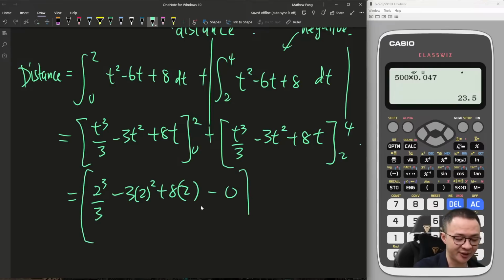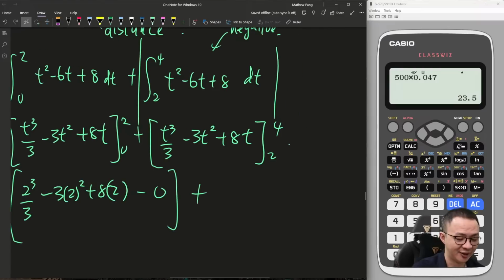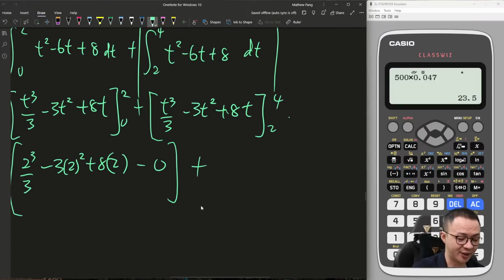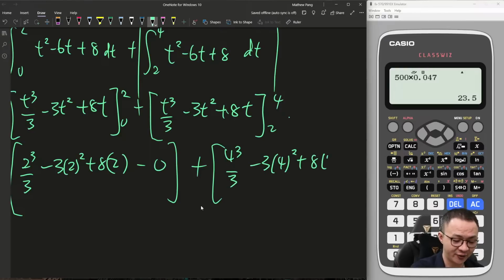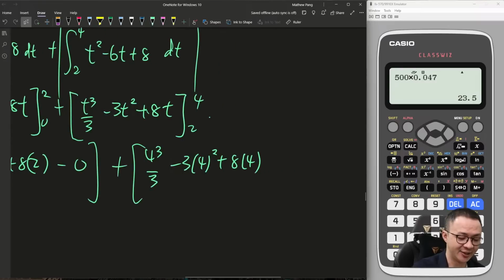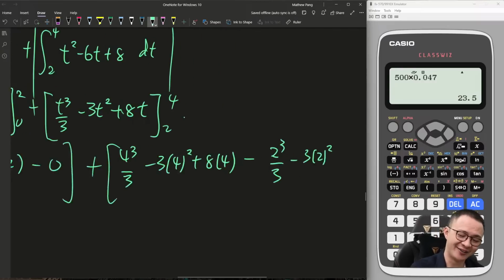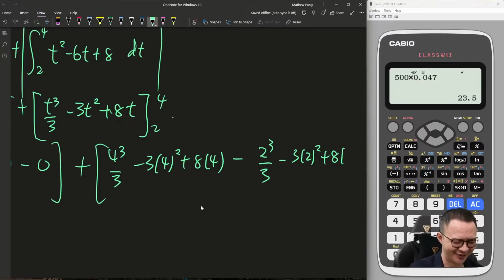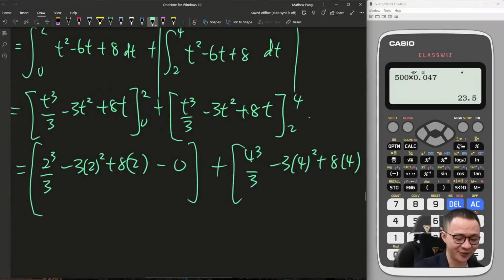So I literally pretend I'm substituting. Here I will do the same thing: 4 cubed over 3 minus 3 times 4 squared plus 8 times 4, minus substitute 2 cubed over 3 minus 3 times 2 squared. I'm so lazy to do this part, but I believe SPM teachers love this. So we'll just do it.